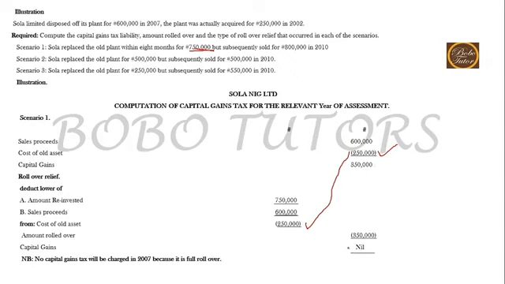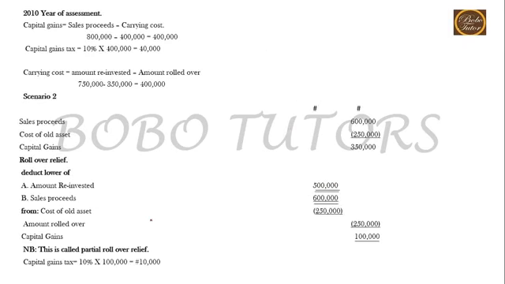Now let's look at when Shola Limited subsequently sold the asset in 2010. Remember I said if you sold an asset, the capital gains will be sales proceeds minus carrying cost, not sales proceeds minus cost of acquisition. And carrying cost means amount reinvested, which is 750,000, minus amount rolled over, which is 350,000.